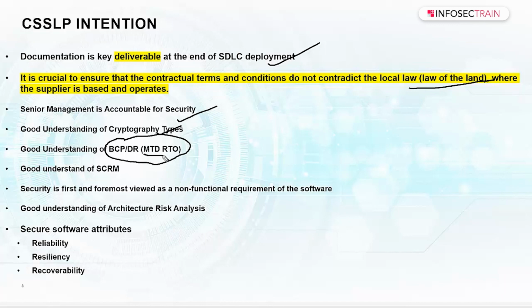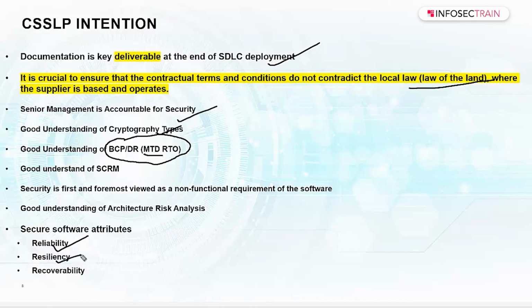As I said, security must be the first and foremost view as a non-functional requirement. Security is a non-functional requirement. A good understanding of architecture risk analysis is also required. We're doing all this security activity. Why? We're doing it to make sure the software is developed with reliable parameters.